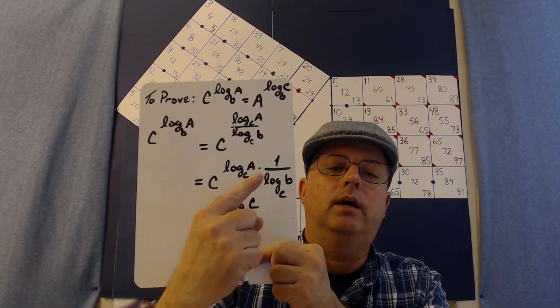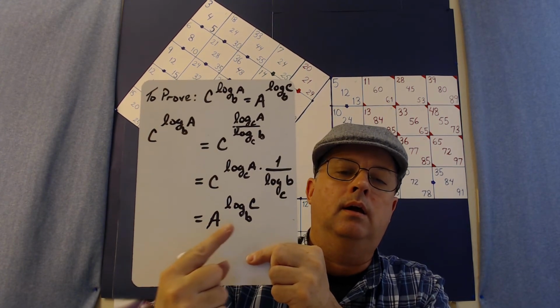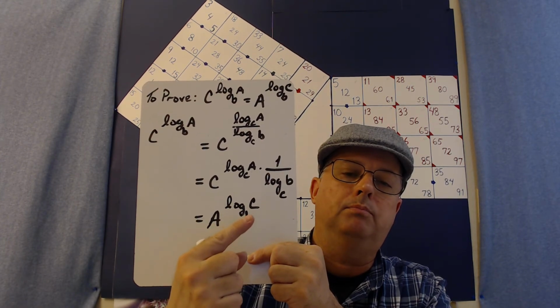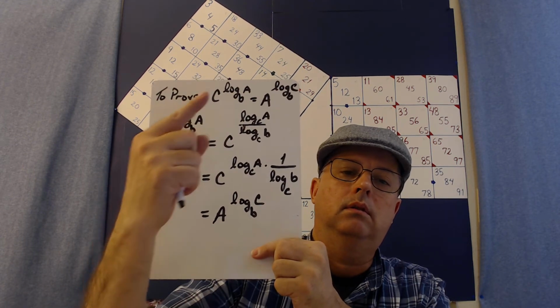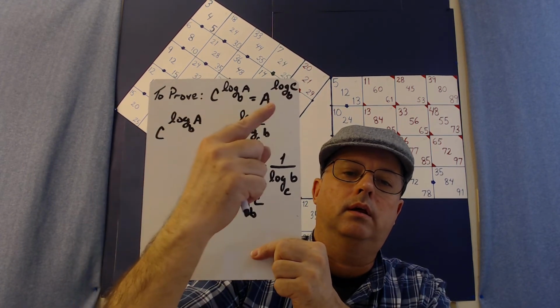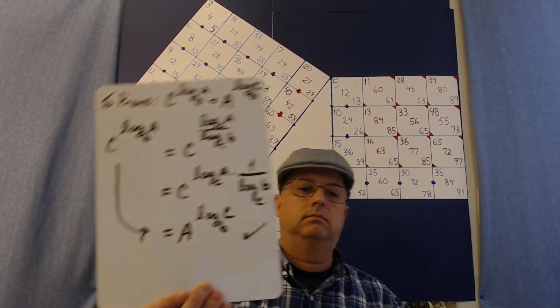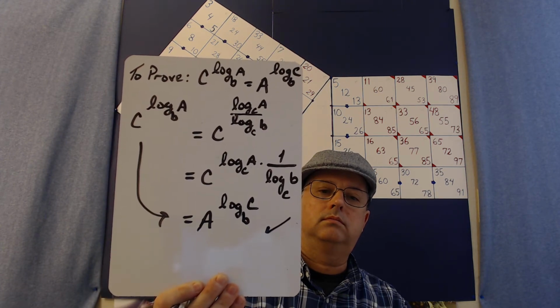And so now then, 1 over log base c of b, the c and the b can switch when we flip it, and so we have log base b of c. That was that, and that is now that. So we did it. That's how you put it. Okay, awesome.